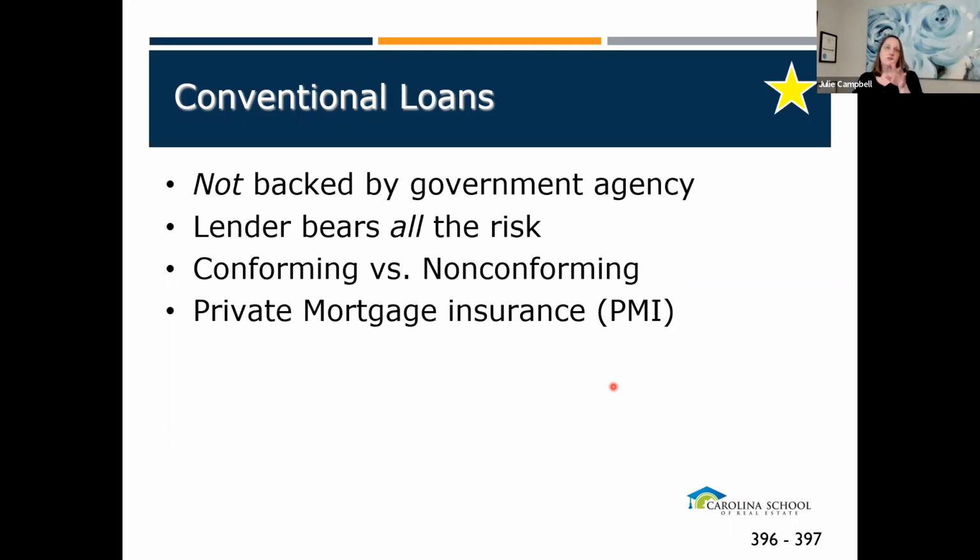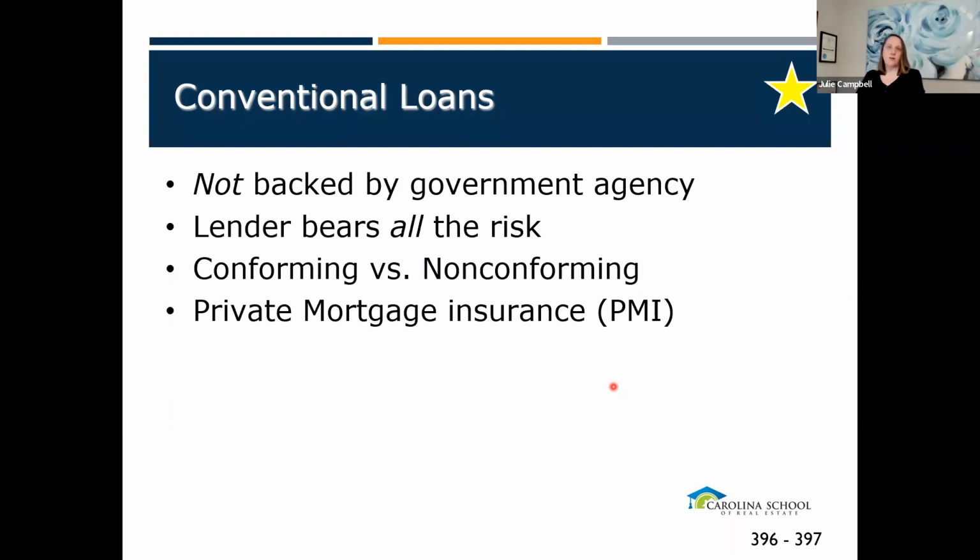Remember, the lender's just fine as long as you're making your payments. When you stop making your payments, now the lender starts wondering, uh-oh, how am I going to get my money back? In conventional loans, the lender doesn't have that safety net of the government, which means the lender bears all the risk in the event of the borrower's default.